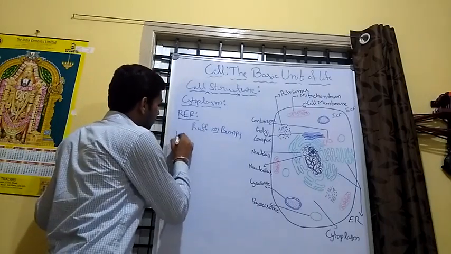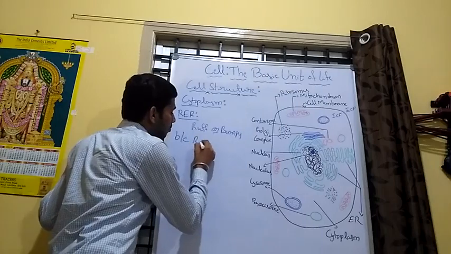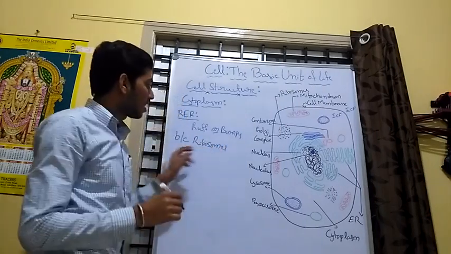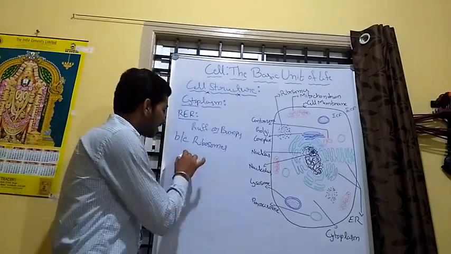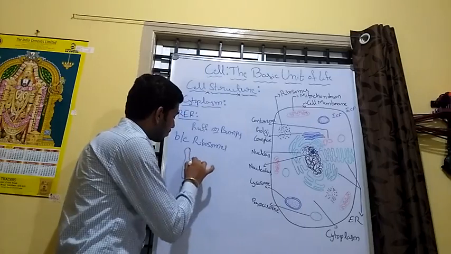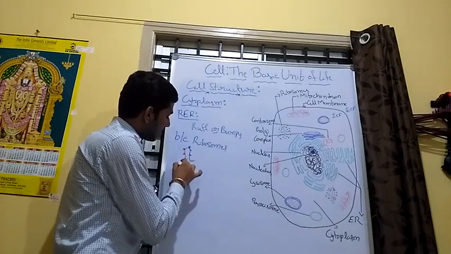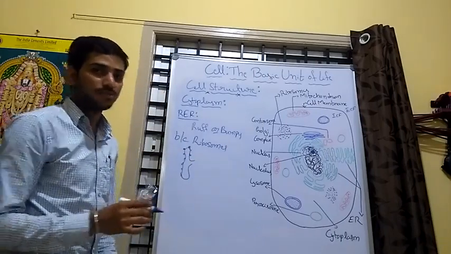Because of the adhesion or attachment of ribosomes over the outer surface of the endoplasmic reticulum. The ribosomes are attached outside of the endoplasmic reticulum. Endoplasmic reticulum with ribosomes attached outside is called rough endoplasmic reticulum.